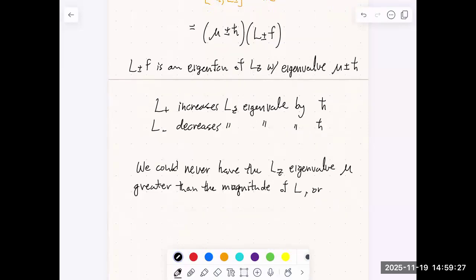Or mu cannot be greater than the square root of lambda, since the eigenvalue of L squared was lambda, so that the magnitude of L is the square root of lambda.